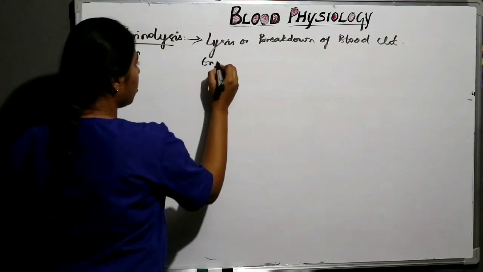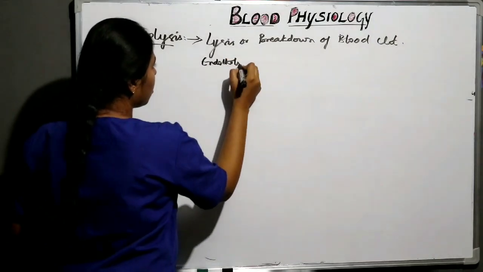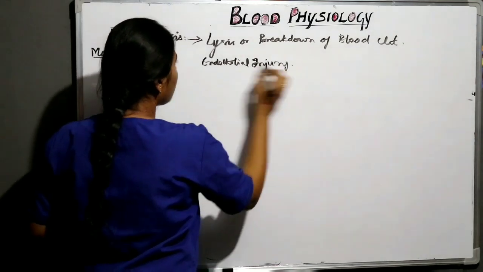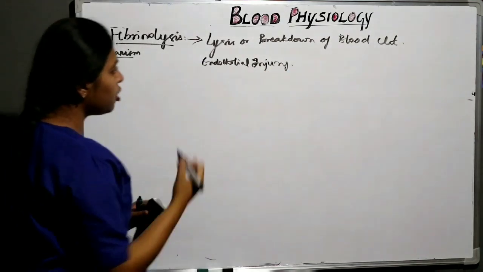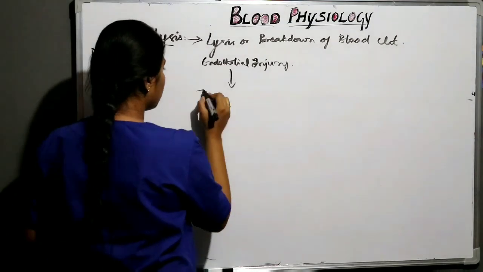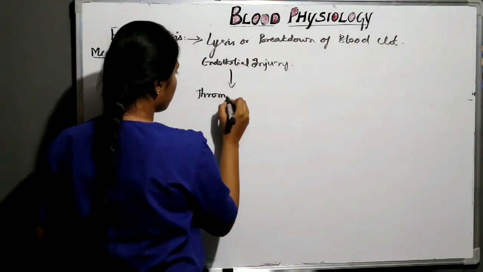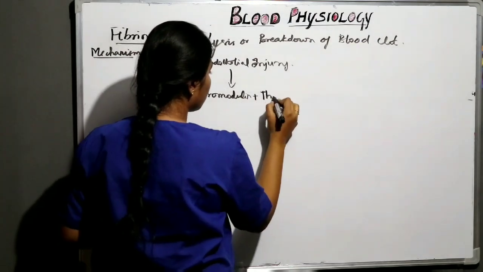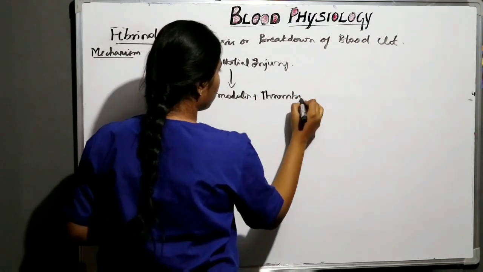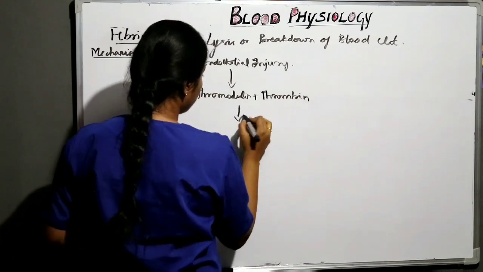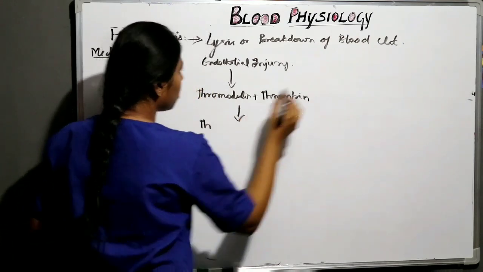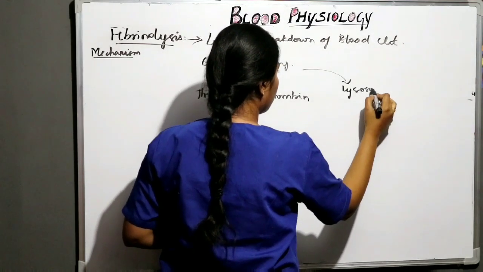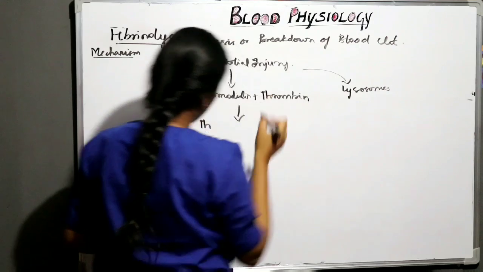Then we will discuss about the mechanism. After the endothelial injury, the clot is formed. So for the breakdown of the clot, thrombomodulin combines with the thrombin. Lysosomes are also activated.